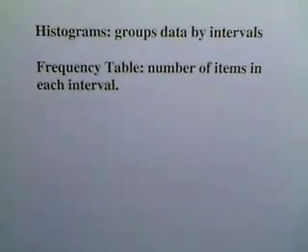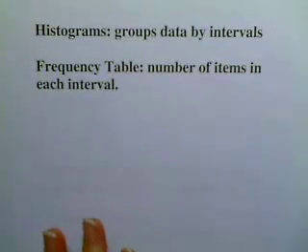Next, we want to talk about a histogram. And a histogram is made up of bars, but the bars are going to touch each other. And the vertical bar will tell you a frequency. Now, I've already talked to you about a frequency table. Now we count how many times an event occurs.